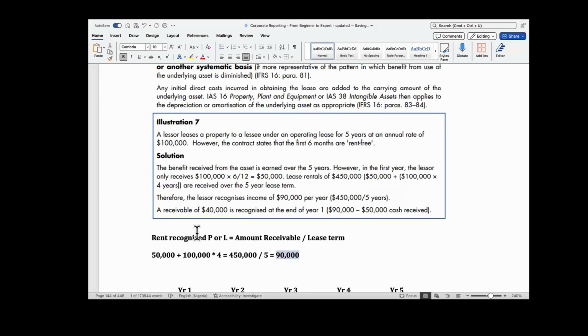So this 90,000 is what we are going to recognize to P&L every year. But when you recognize this 90,000 to P&L in year one, for example, now, how much are you going to receive in year one? 50,000.